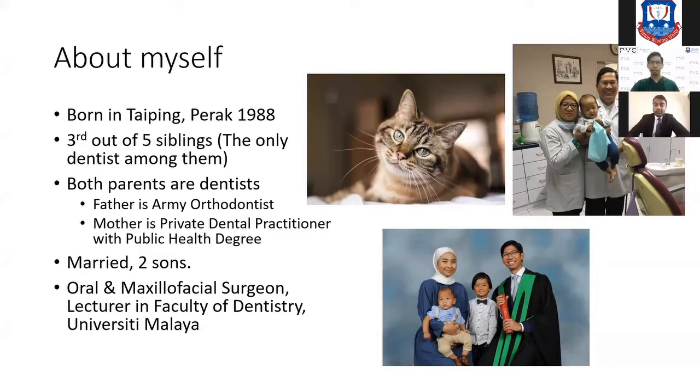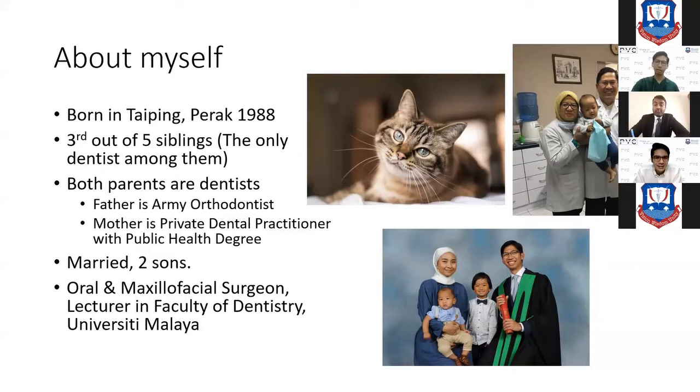On the top right are my parents. It's my firstborn in the clinic. At the bottom is a picture of my family during my graduation for the fellowship degree. And that cat is not a real cat. It's not my cat. I promised my wife that we'll have a cat after we got married.